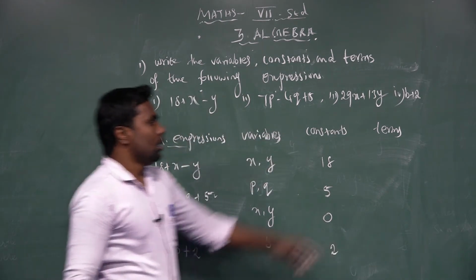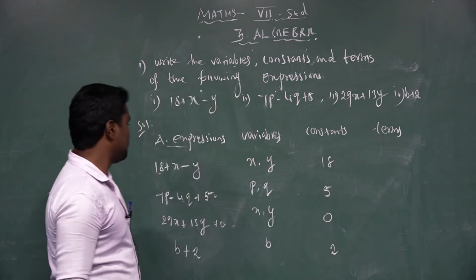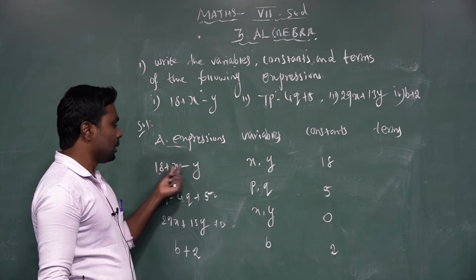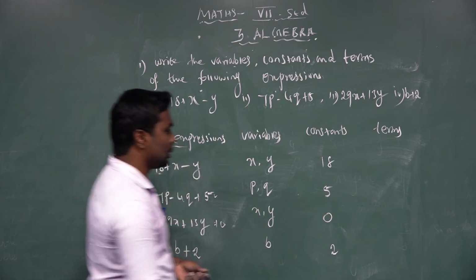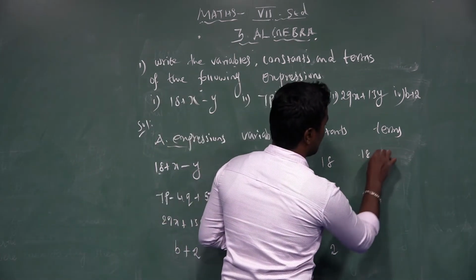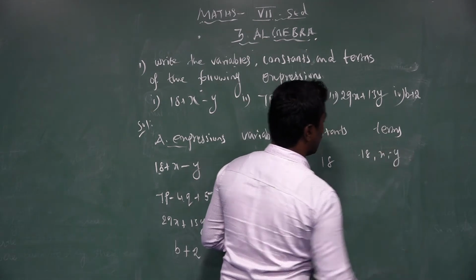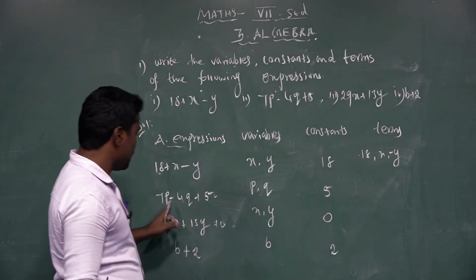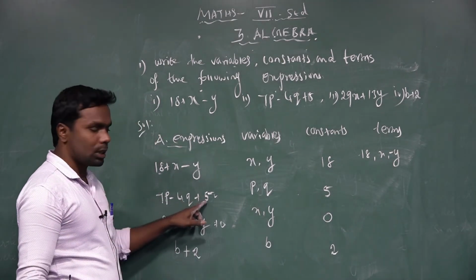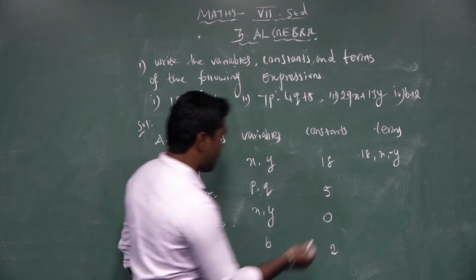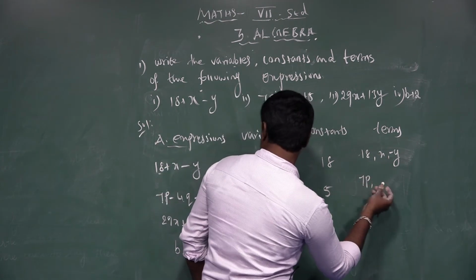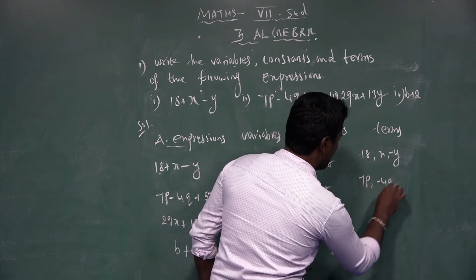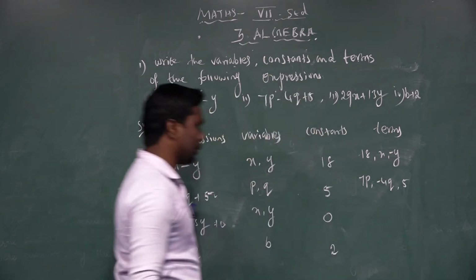And the third one, terms. 18 plus x minus y has 3 terms: 18, x, and minus y. The second one, 7p minus 4q plus 5, is also 3 terms: 7p, minus 4q, and 5.